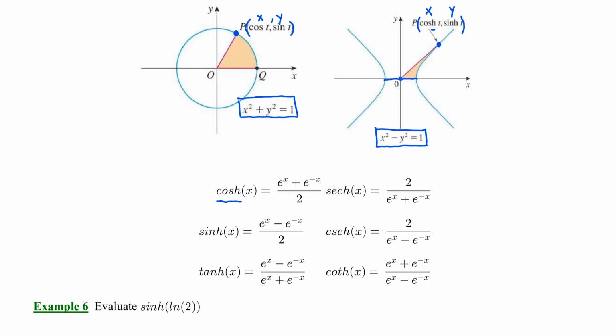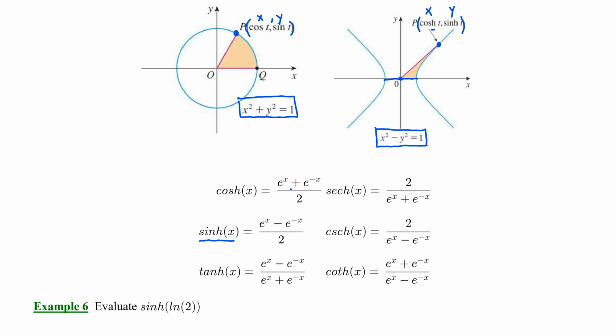So hyperbolic cosine of x, when I see the cosh, I read it hyperbolic cosine of x, is equal to e to the x plus e to the negative x over 2. Whereas hyperbolic sine of x is equal to e to the x minus e to the negative x over 2.